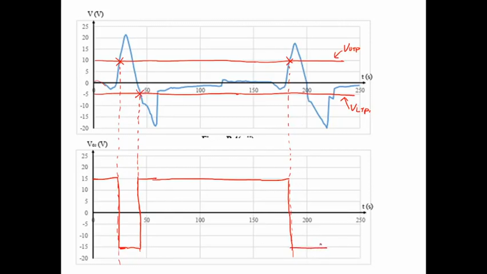Now you are at V out is minus. So actually your next VLTP is here. I need to correct this one.